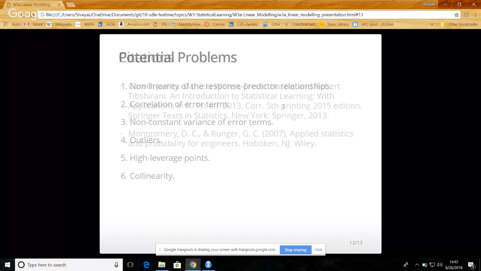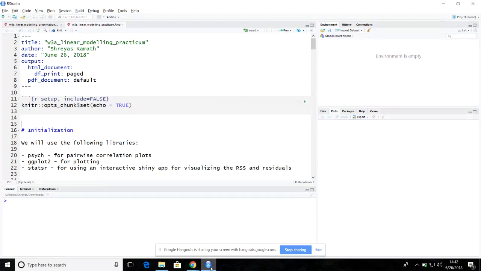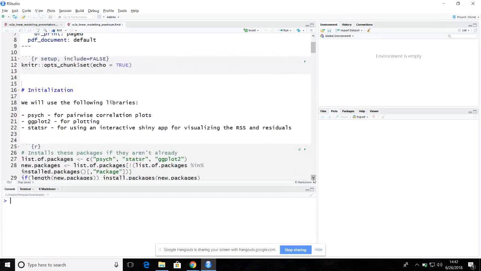So now let's practically take a look at how to implement this in R. I've prepared an R Markdown document, which we will step through and do some linear modeling. For this practicum, we'll be using three packages: Scikit, ggplot2, and statsr.